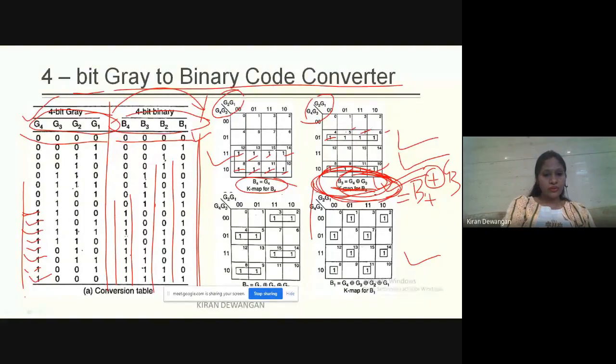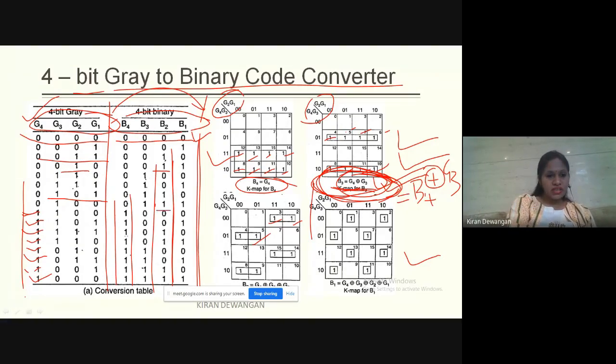Now coming to B2. These are the terms for which it is going high. What is it? It's M3. 3 is high. This one is 2, 2 is high. And this is 101, 5 is high.